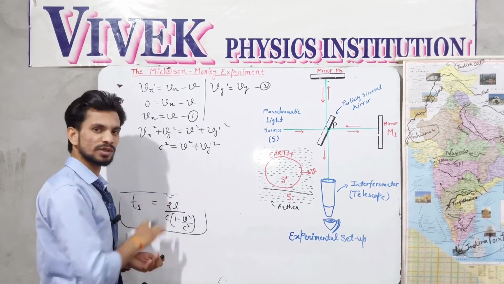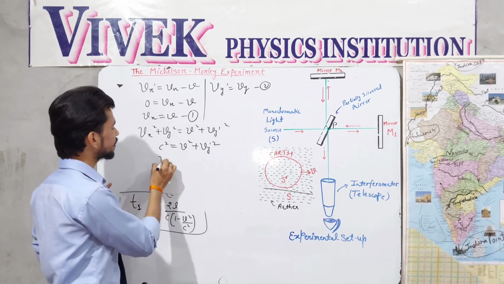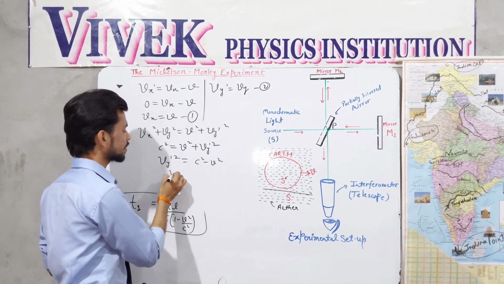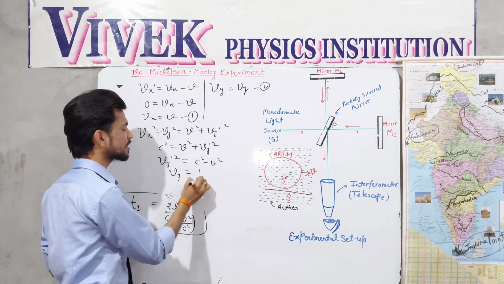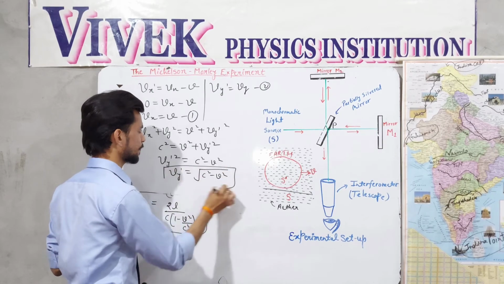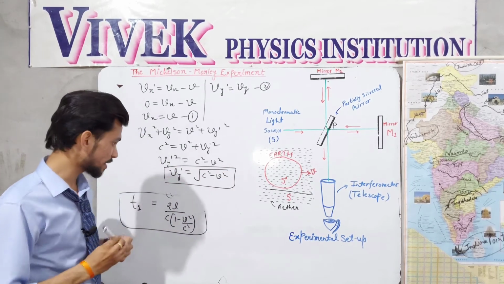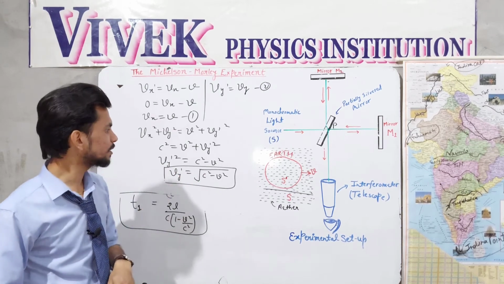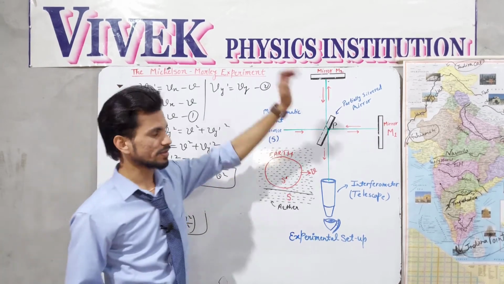From this equation I can easily find Vy prime. So Vy prime equals square root of c square minus V square. So this is the velocity component of the speed of light in the y-axis.